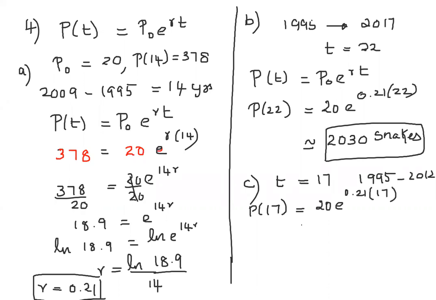Enter on your calculator. You get 710 captured or killed. So since it's 100 to 1, we have to multiply this by 100. So that is going to be 71,000 snakes.